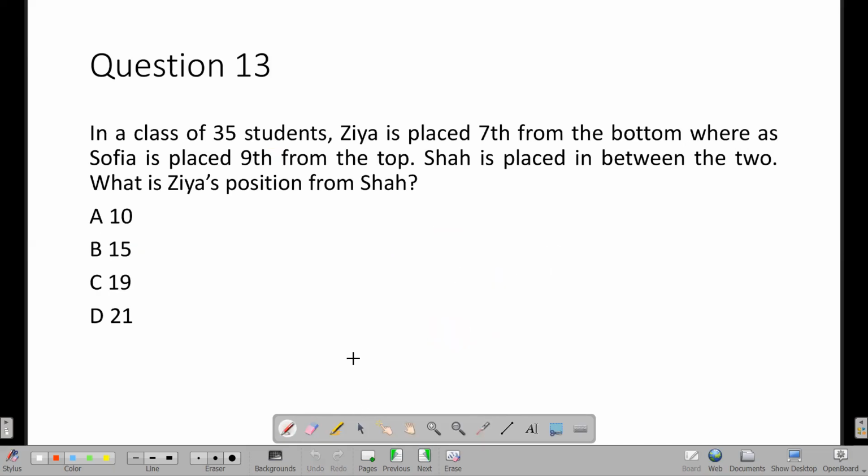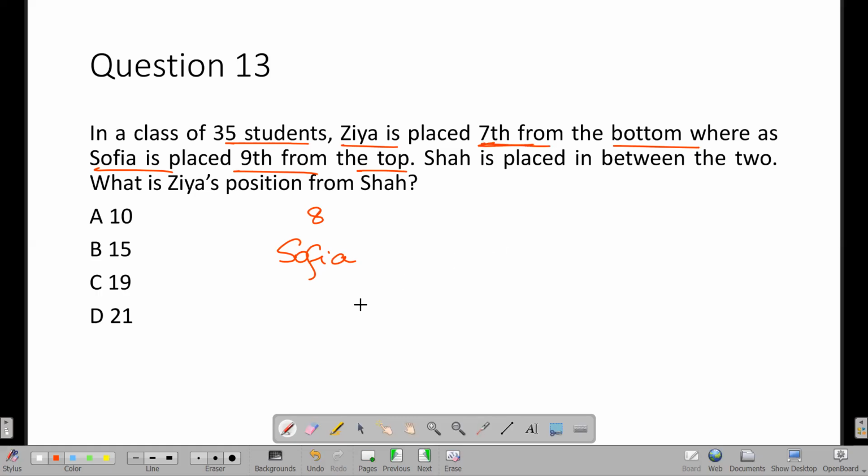Okay, so there is cannot be determined, none of these and all here. So there should be only a single answer for this question. Okay, let's look at this. In a class of 35 students, Ziya is placed 7th from the bottom. Sofia is placed 9th from the top. So you can consider it like this. Sofia, 9th from the top, which means ahead of Sofia, 8 people are there.